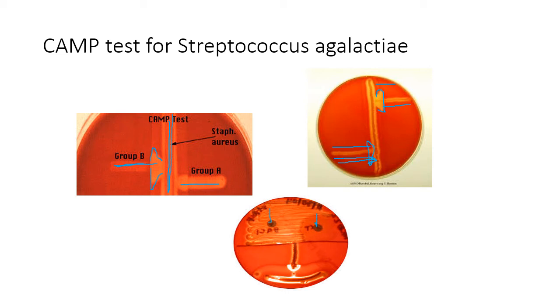How do you interpret this? You interpret it on the basis of susceptibility. This is susceptible, so this is group A. This is resistant, so this is group B. Then you do a CAMP test, and if you see this nice zone of hemolysis, you know this is group B. This is just a design, but I was just explaining it to you.